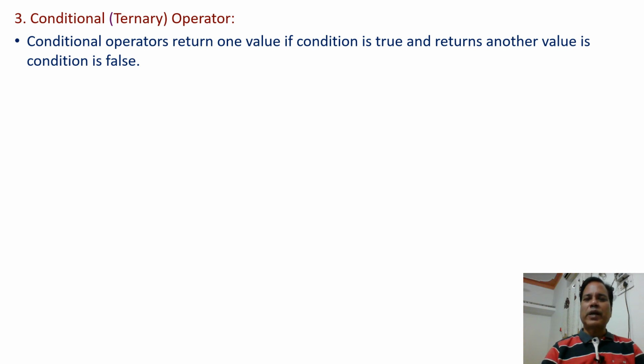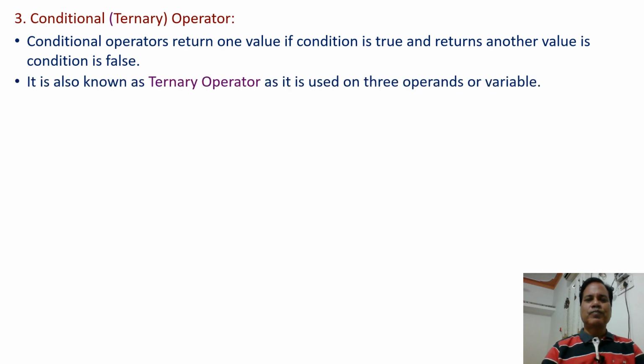The conditional operator returns one value if the condition is true and returns another value if the condition is false. So depending on the condition, the output is one value or the other. It is also known as a ternary operator as it is used on three operands or variables.